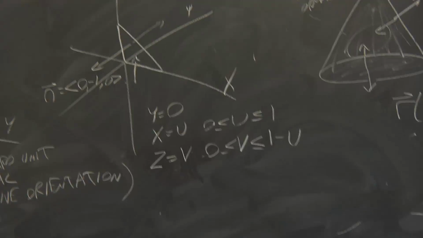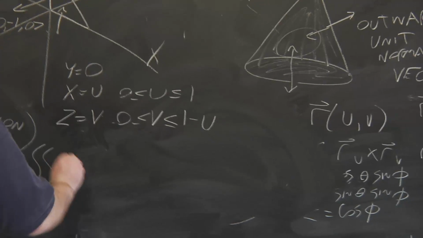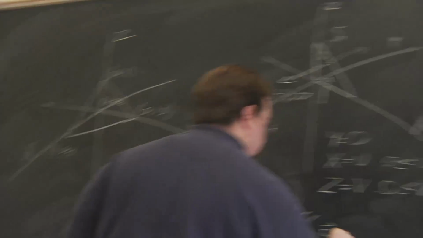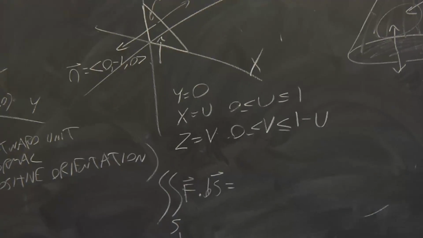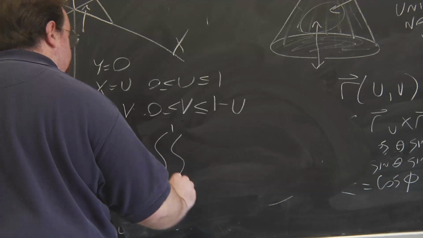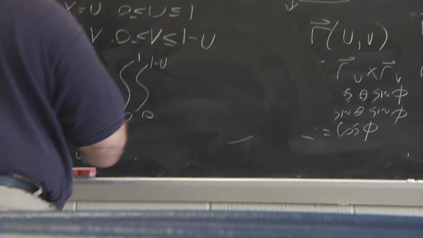So the integral over this side of the tetrahedron, which I'll call S1, of whatever vector field you're given, is going to be the integral from 0 to 1 in u, from 0 to 1 minus u in v.